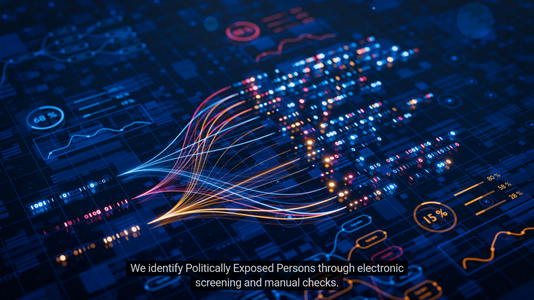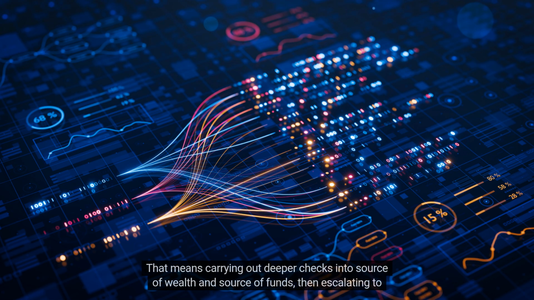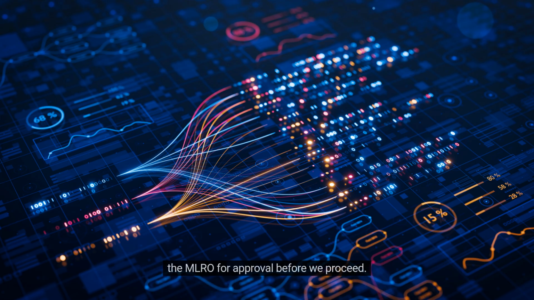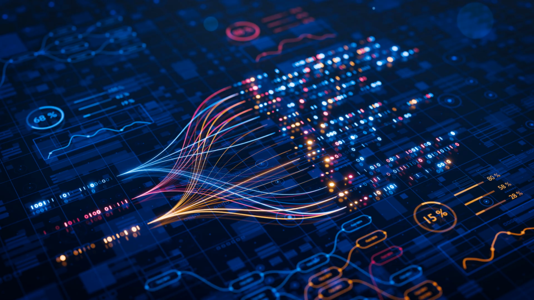We identify politically exposed persons through electronic screening and manual checks. If a client is a PEP, including a domestic UK PEP, the matter moves straight into enhanced due diligence. That means carrying out deeper checks into source of wealth and source of funds, then escalating to the MLRO for approval before we proceed. The decision must be documented, and the matter must stay under ongoing monitoring throughout the transaction.